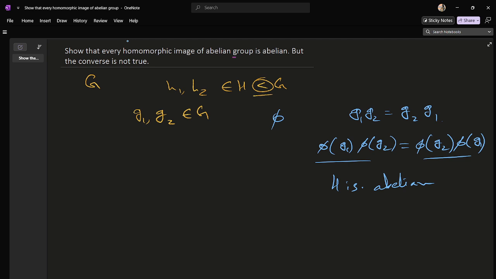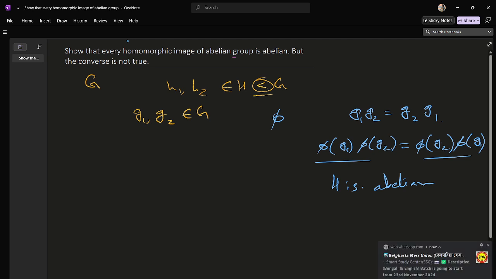Now we have to prove the converse is not true. Let A be a homomorphic image of a non-abelian group; it can be abelian. A simple counterexample is the trivial group, which is a homomorphic image of every group whether it is abelian or not.